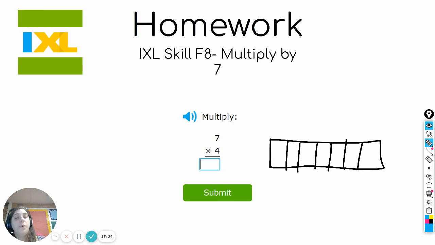And you would put 4 dots in each group. And then you could skip count to solve. 4, 8, 12, 16, 20, 24, 28. So that would equal 28.